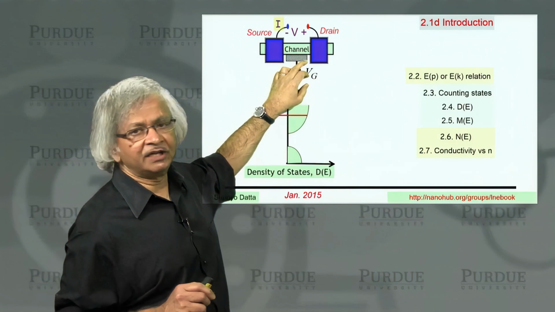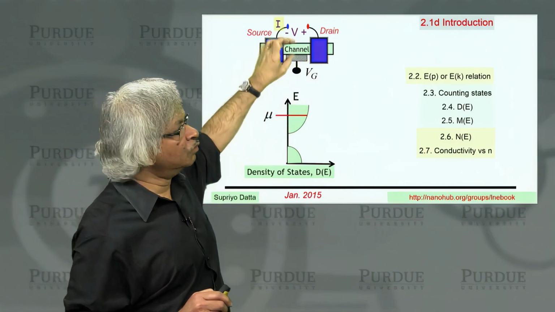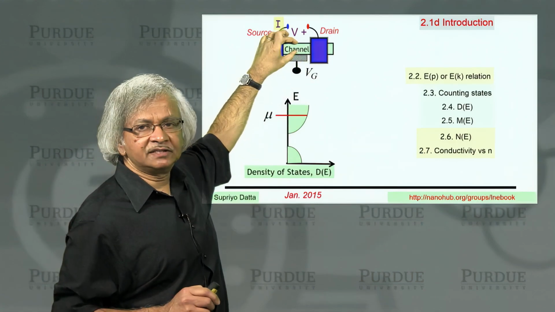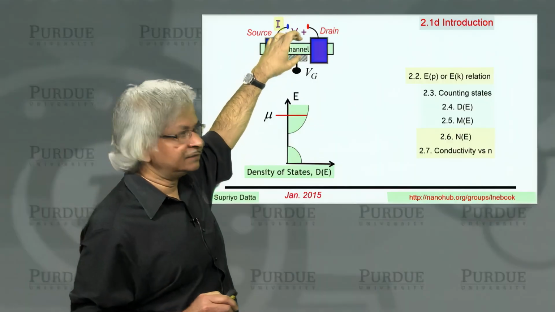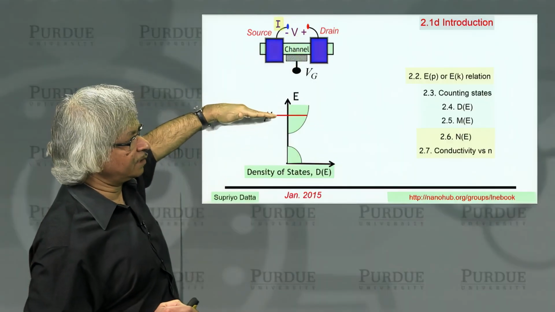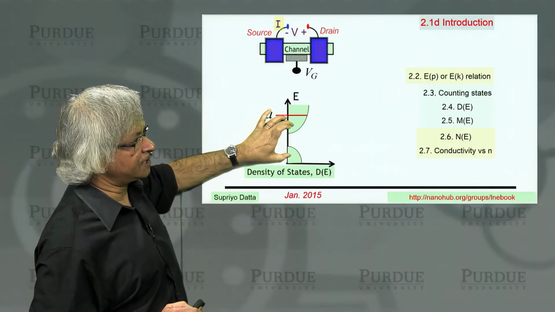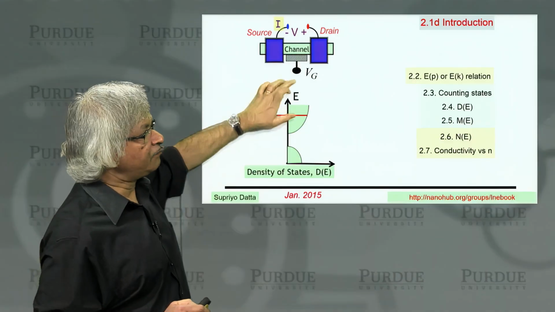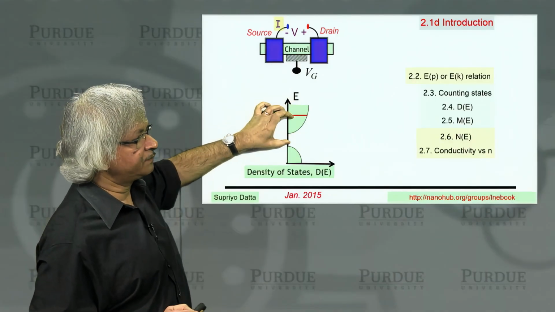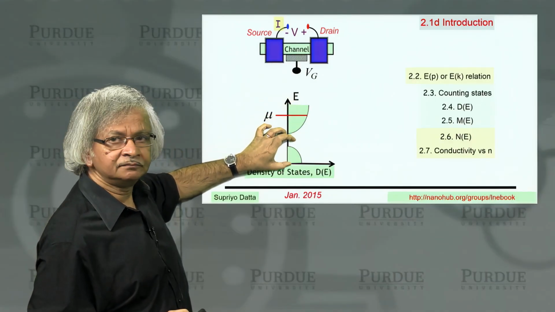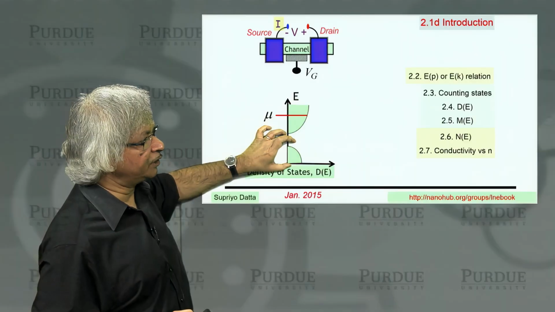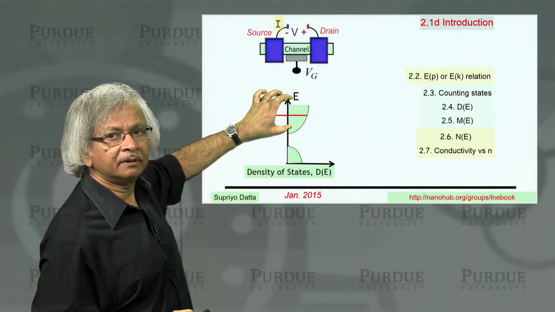All that this voltage does is to move the energy levels in the channel up and down. You have this chemical potential here, and you have all these energy levels in the channel. If you put a positive voltage, it gets pulled down. And if you put a negative voltage, everything gets pulled up.